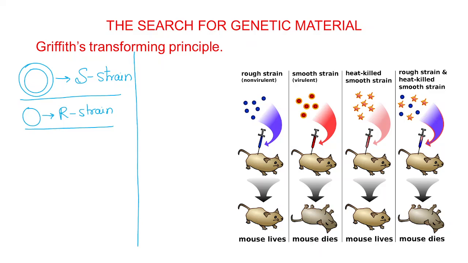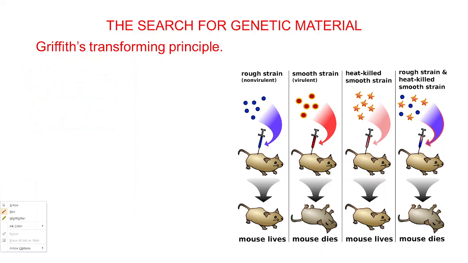In the first step, I'll write it here, he took the S strain bacteria and checked its virulence. How can he check the virulence? He simply injected them into the mice, as I have shown here.